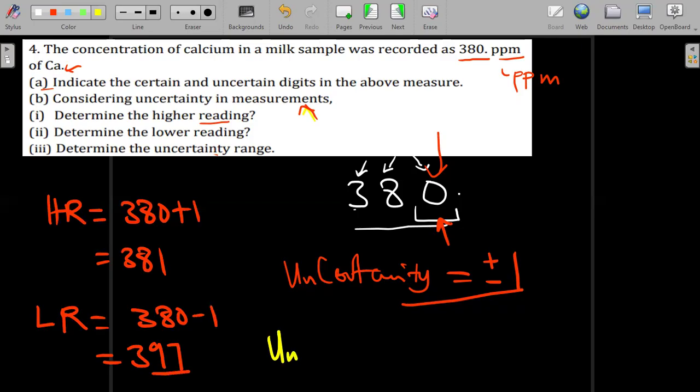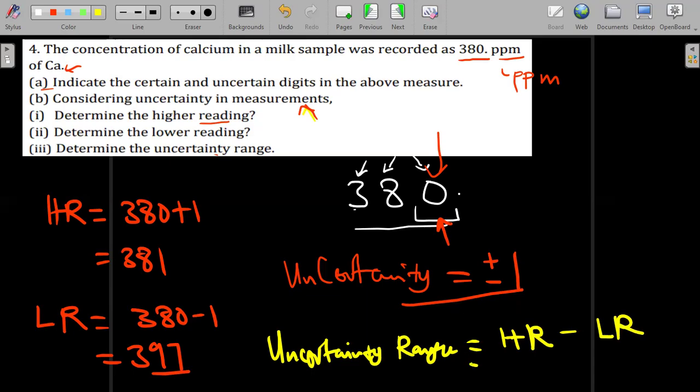Our uncertainty range will be equal to the higher reading minus the lower reading. So we just have to subtract 381 minus 379. Here I wrote something else, right?